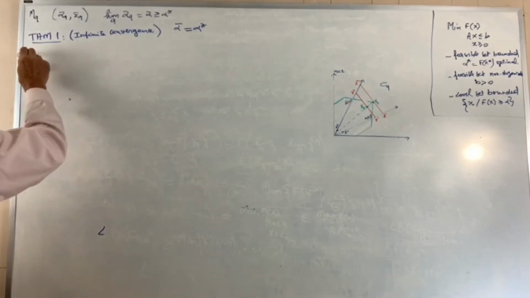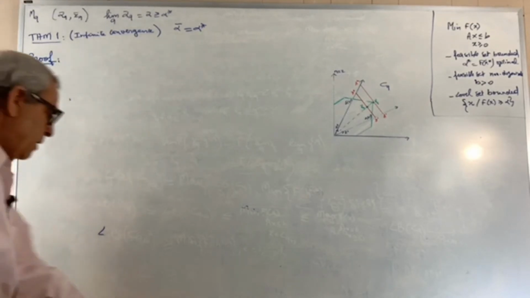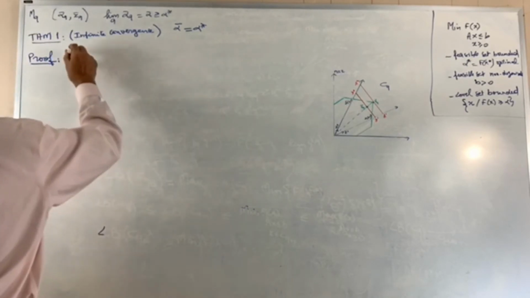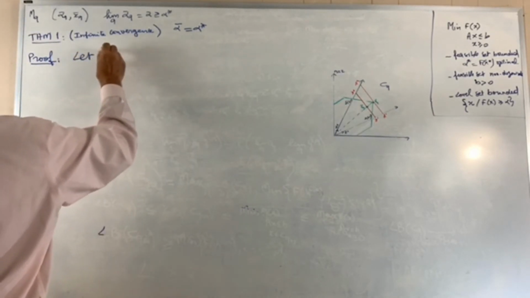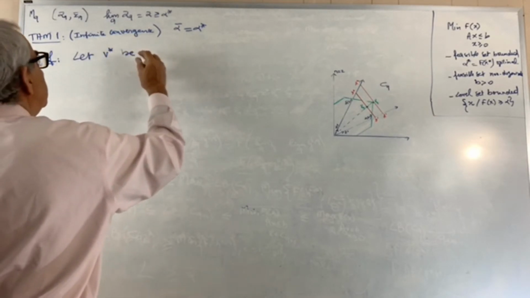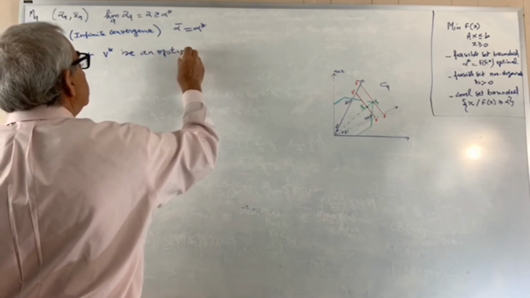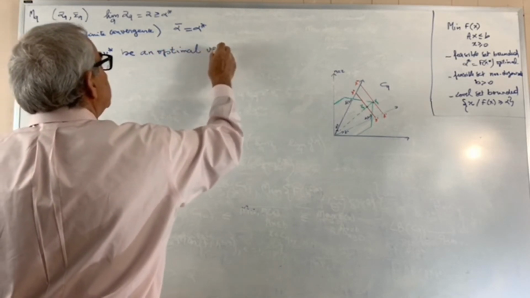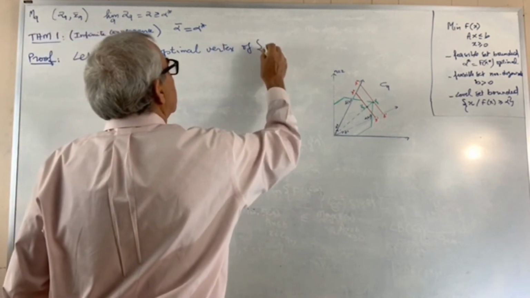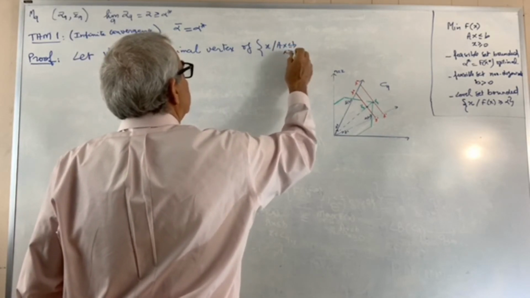So the proof. Let V star be an optimal vertex of my feasible region, x such that Ax less or equal to b, x greater or equal to 0.